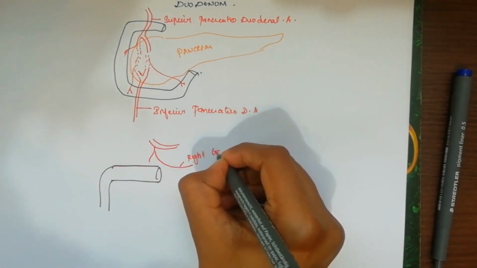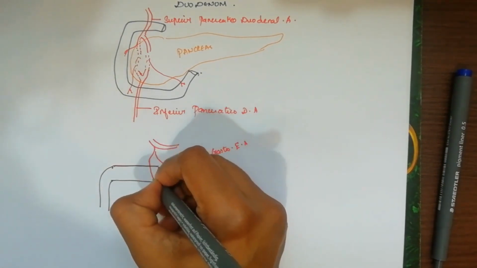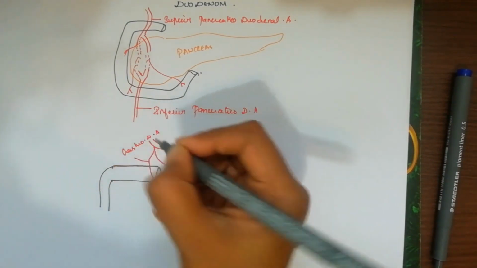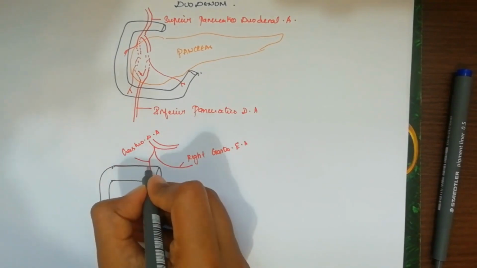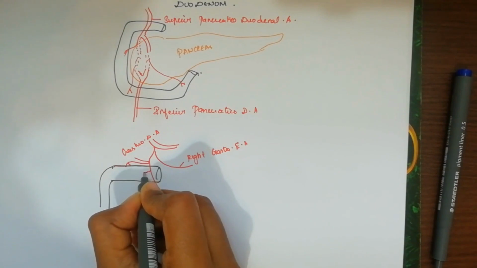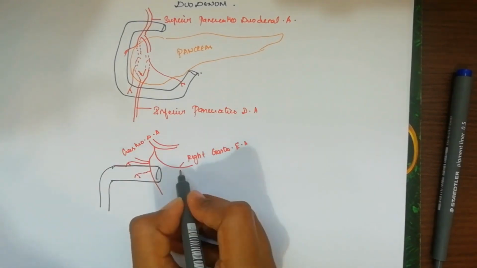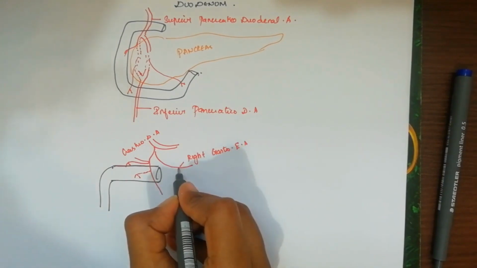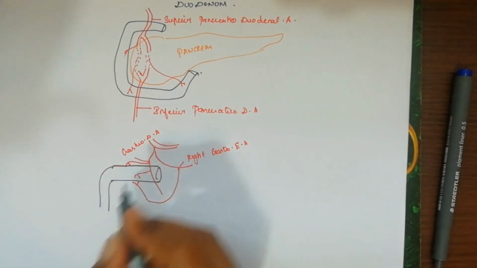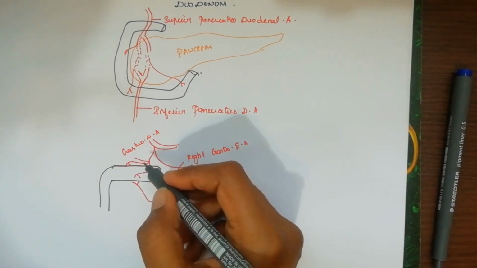The gastroduodenal artery gives a branch superior to the first part of duodenum and a branch behind the first part of duodenum, and the right gastroepiploic artery gives a branch below the first part of duodenum. So these are the end arteries supplying the first part of duodenum.